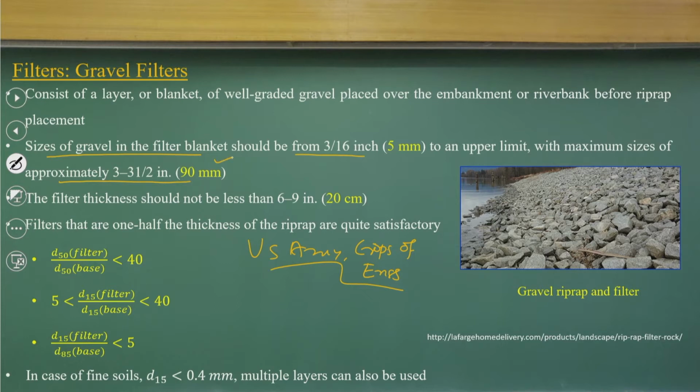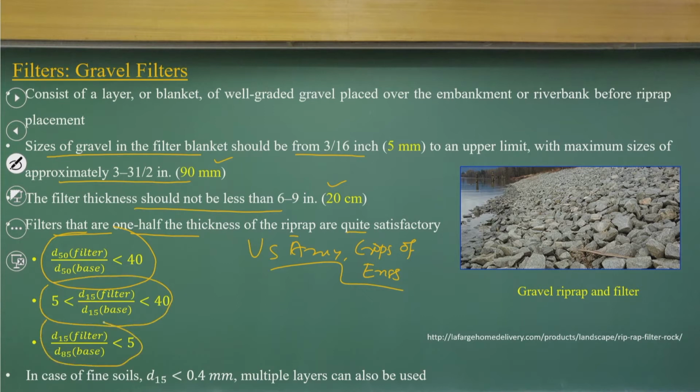The filter thickness should not be less than 20 centimeters. A filter thickness of 1/2 the thickness of the riprap is quite satisfactory, plus it should satisfy these 3 conditions.